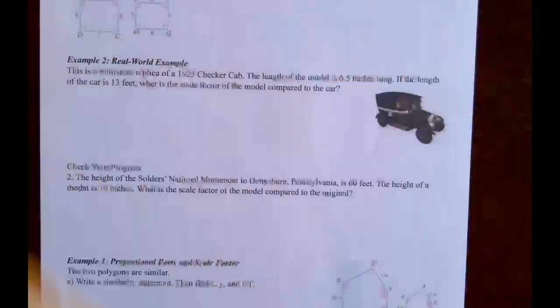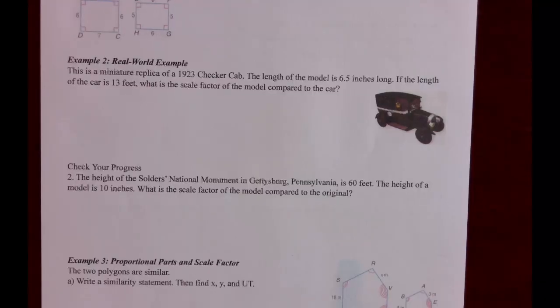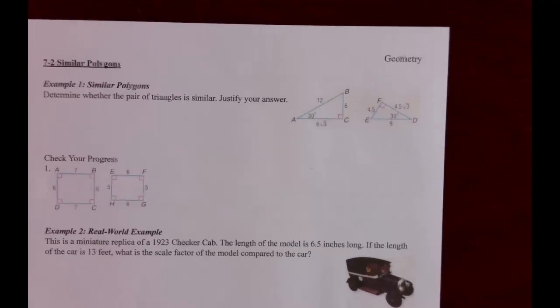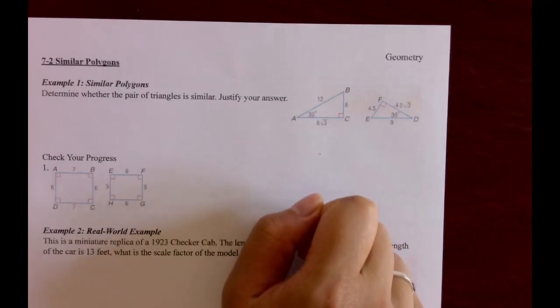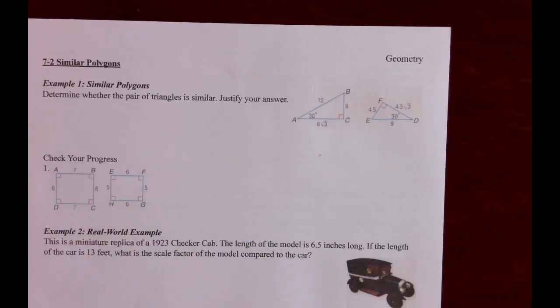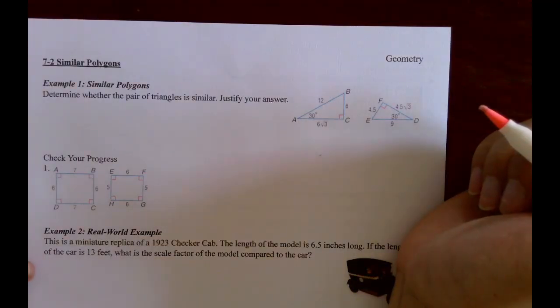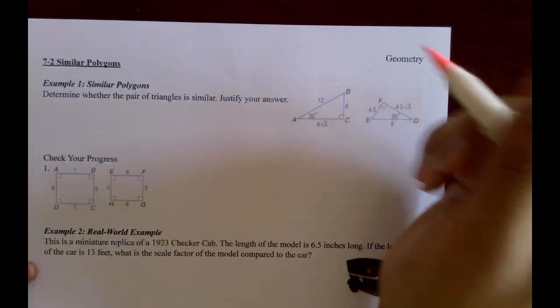Okay, so let's get started with example 1. We're going to determine whether the pair of triangles here is similar. First, we're going to match corresponding sides, or what are most likely the corresponding sides. The best way to do that is by length. Here the longest length is 12.